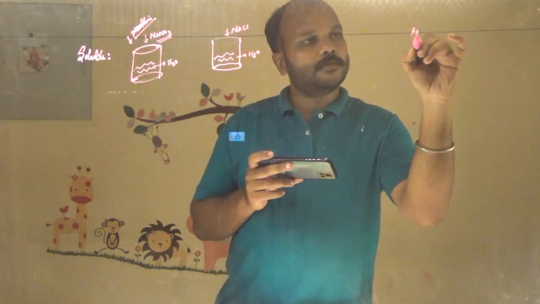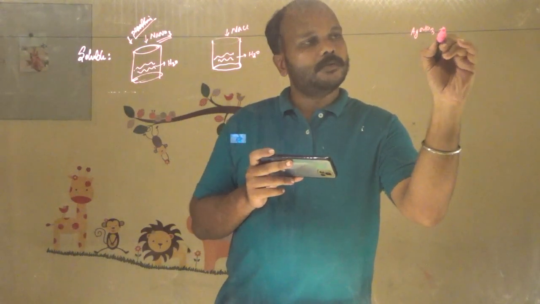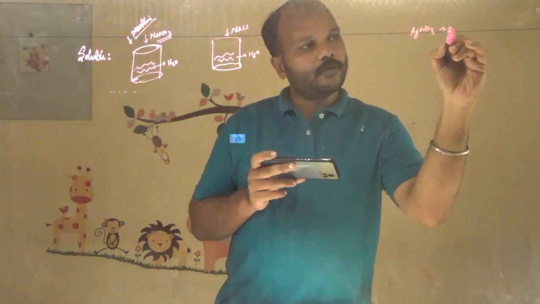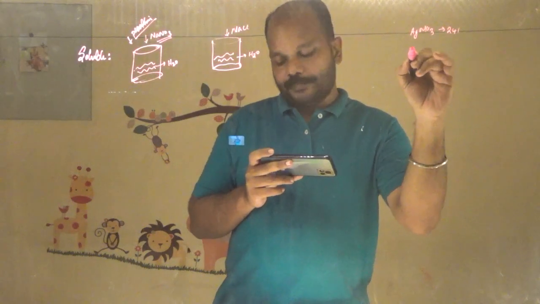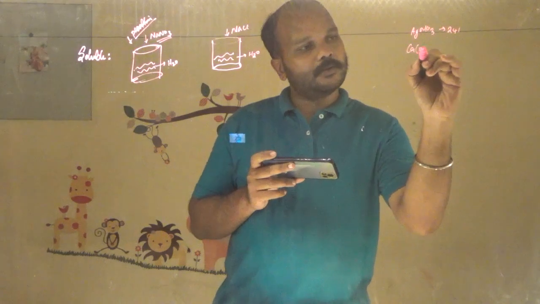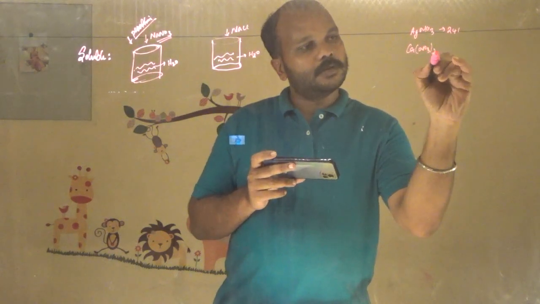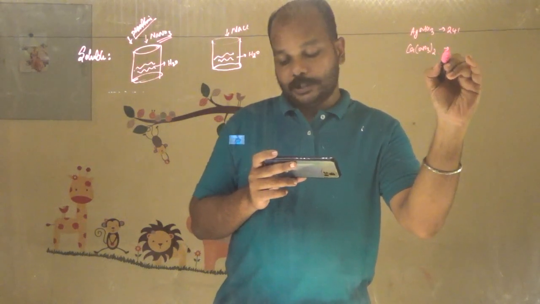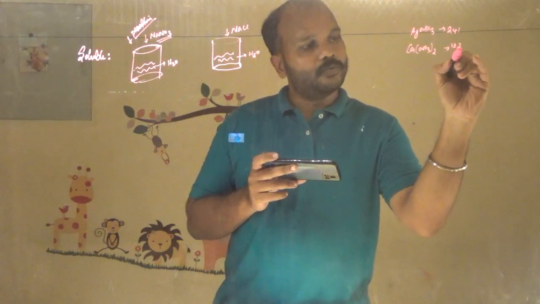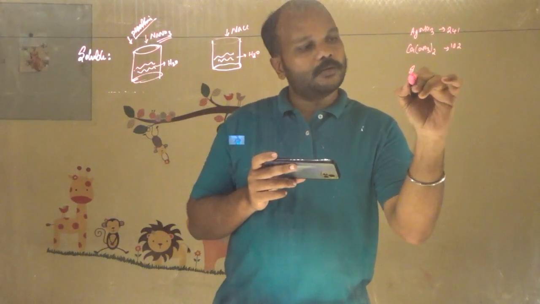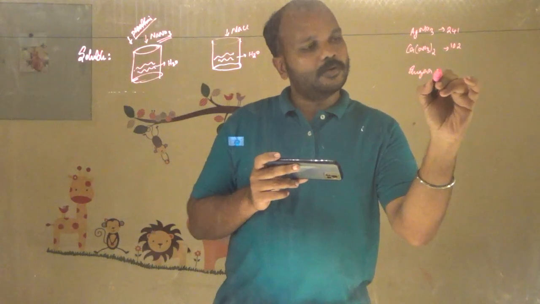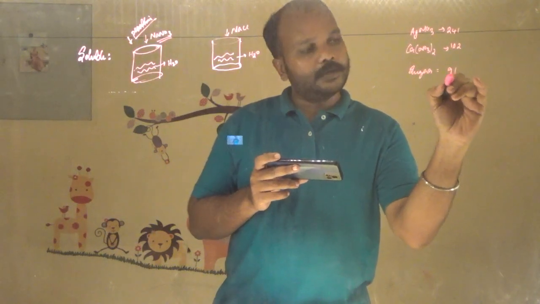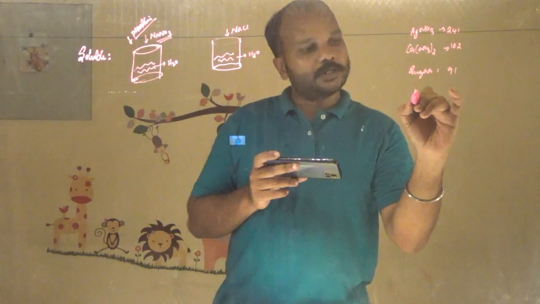Silver nitrate is 241 grams, calcium nitrate is 102, sugar or glucose is 91.